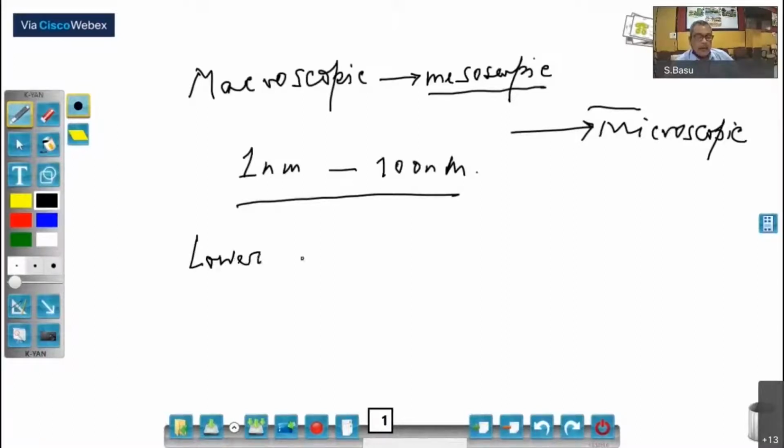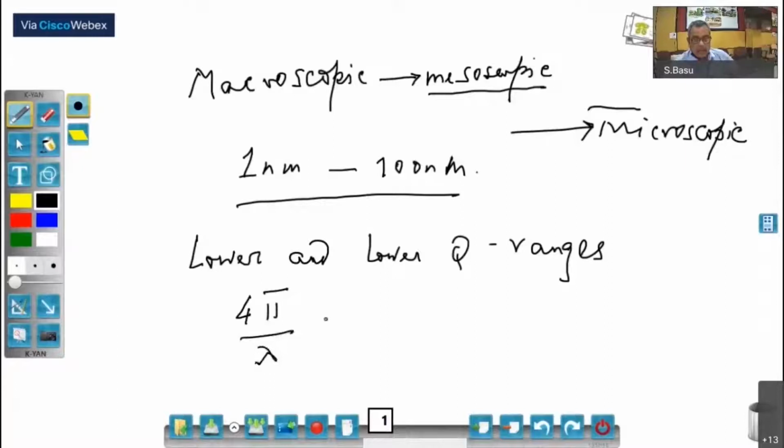lower and lower Q ranges. You must realize that lower Q ranges happen when I'm able to use longer lambda or I'm able to go to smaller angle.